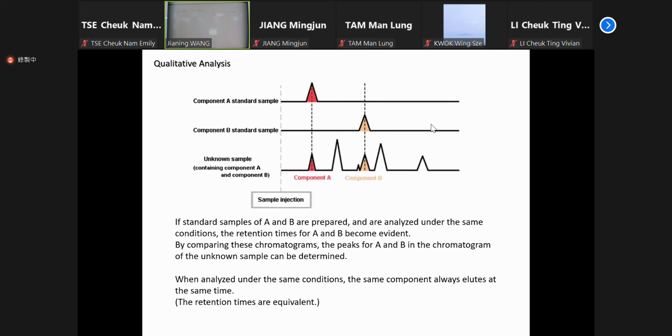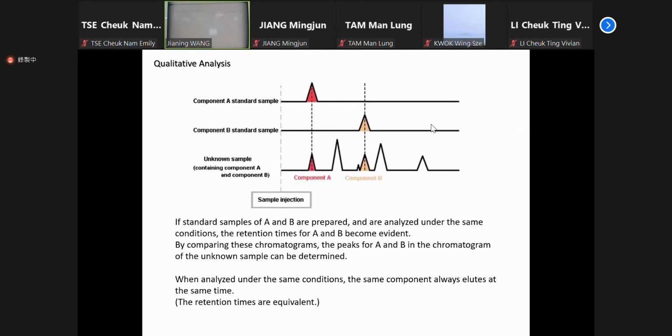But you should already have a question in your brain. So maybe this identification is not accurate enough. Maybe we cannot measure the retention time accurately enough.